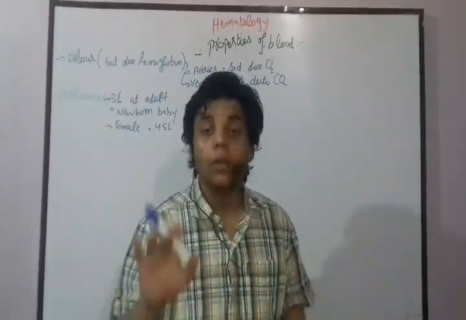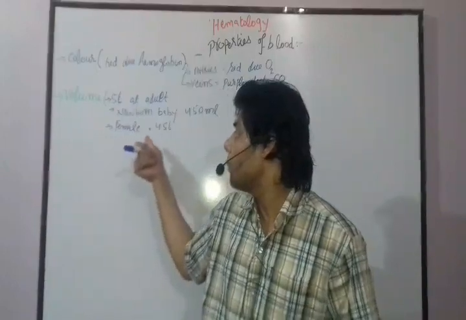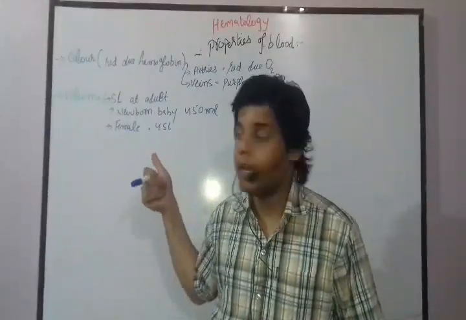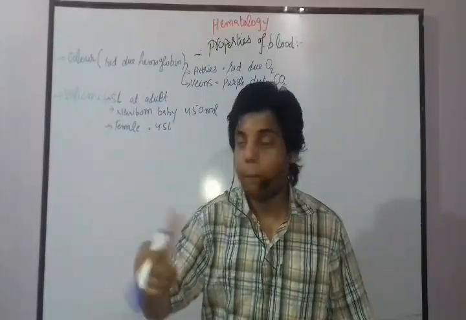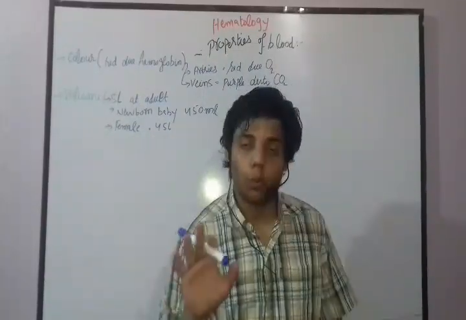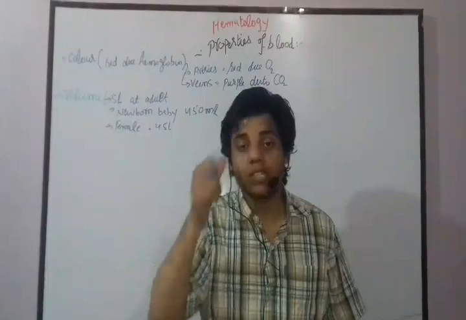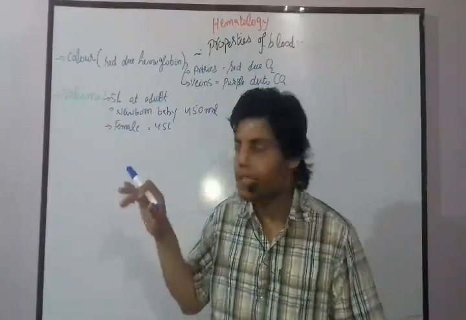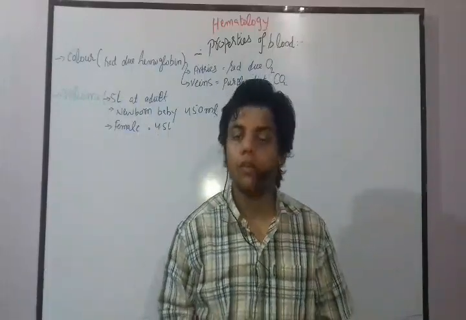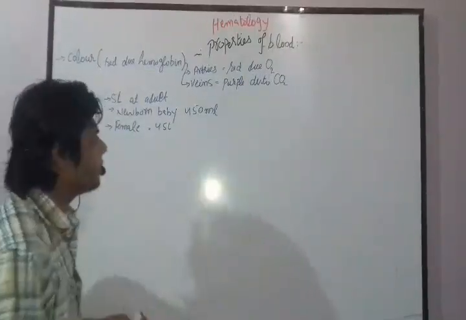During that age, the volume of the blood will be 4.5 liter. And in male, the volume of the blood is 5 liter. But in case of female, it is 4.5 liter due to menstrual cycle and due to their weight. That's why it is less as compared to male. So this is the volume of the blood.